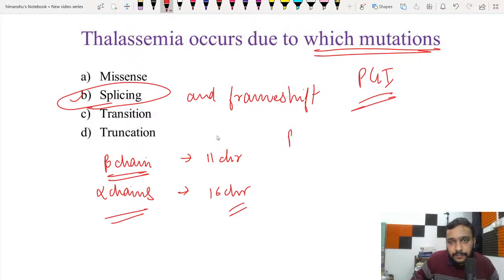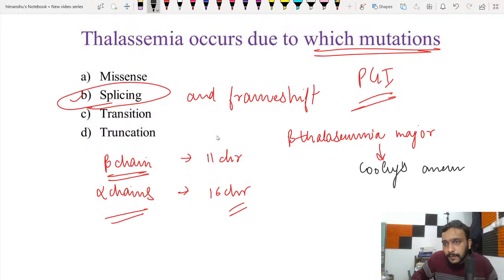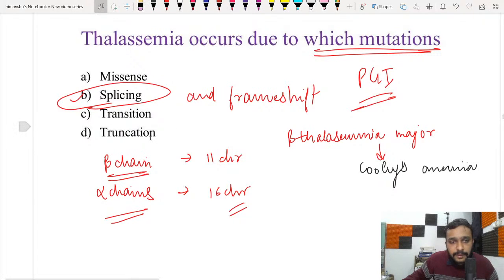And remember that beta thalassemia major is also known as Cooley's anemia.